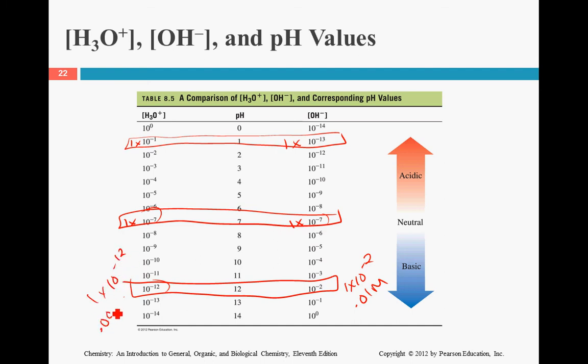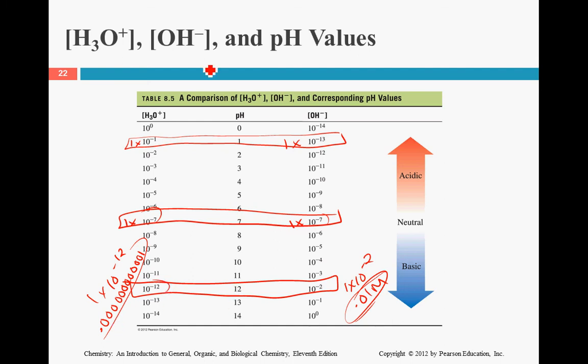That's 0.000. Notice that the OH minus is a really big number. The H3O plus is a really small number. That's the difference between the hydrogen and the OH concentrations and how it relates to the pH.